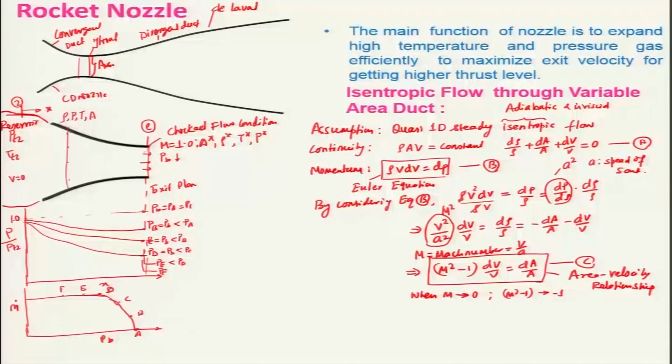Therefore, from equation C, we can get that A V is equal to constant. That means it is basically incompressible flow.